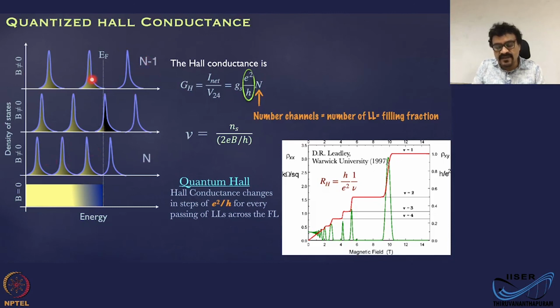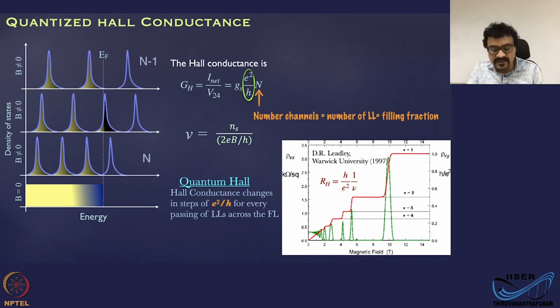In this case and this case, the Hall resistance is given by h by e square into the number of channels, because the bulk is not conducting and the states are only at the edge. This is what you are going to measure, just as we discussed in the previous slide.